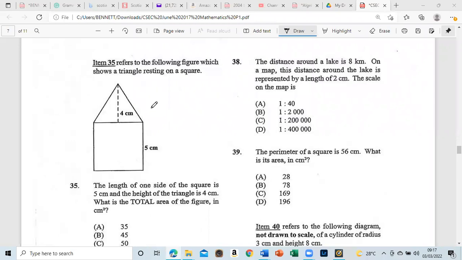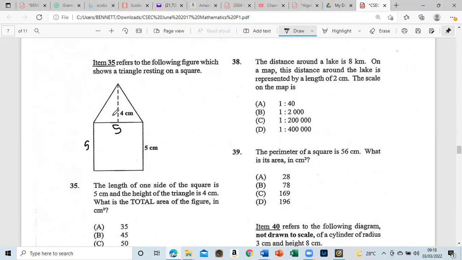Alright. So 35 says, which of the following figures shows a triangle resting on a square? 35 refers to the following figure which shows a triangle resting on a square. The length of one side of the square is 5 centimeters and the height of the triangle is 4 centimeters. What is the total area of the figure in centimeters squared? Right? So this side is 5, so everything is 5.